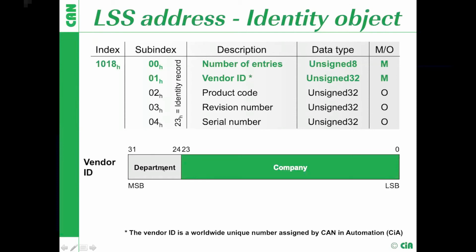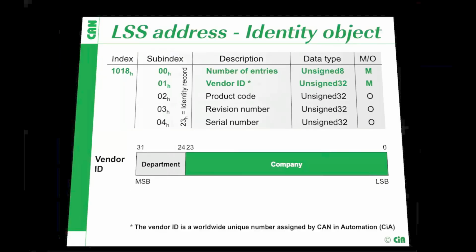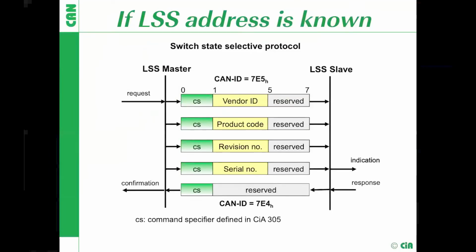The sub-index 1 is the CANopen vendor ID. The CANopen vendor ID is mandatory and is a worldwide unique number assigned by CiA. Now we take a look at different cases in detail.